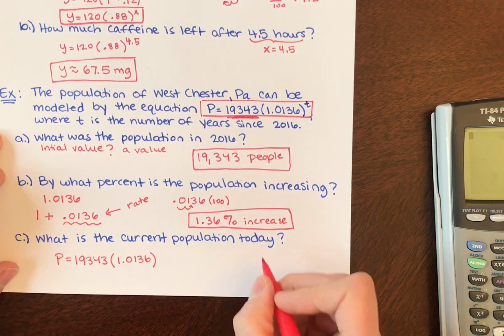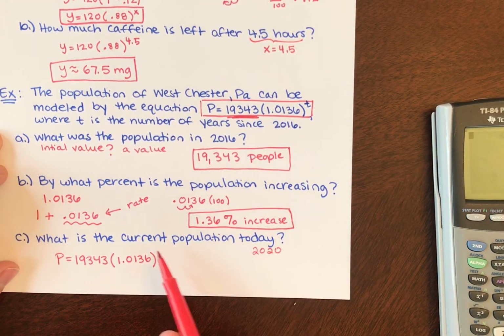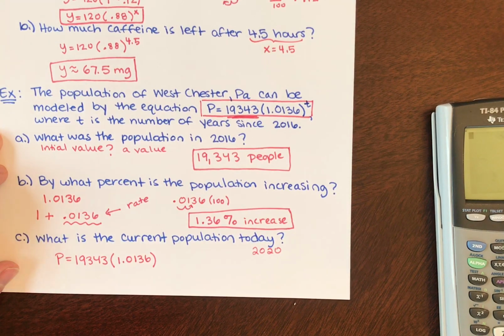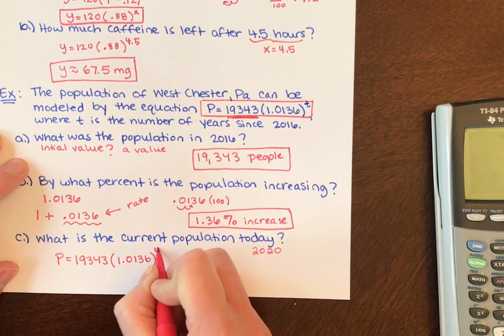Well, the current population today, today is the year 2020. But I don't want to plug in 2020, because what that would mean is that 2020 years have passed since 2016. The amount of years that have passed from 2016 to 2020 is 4.